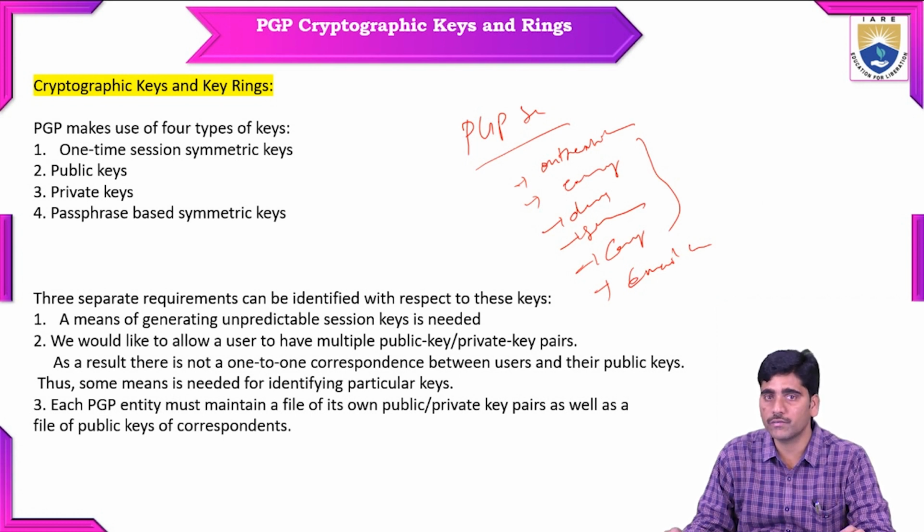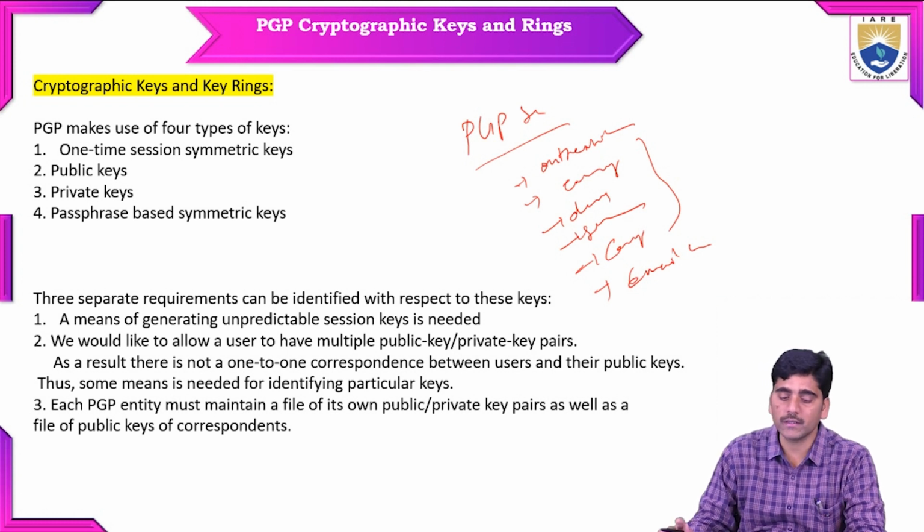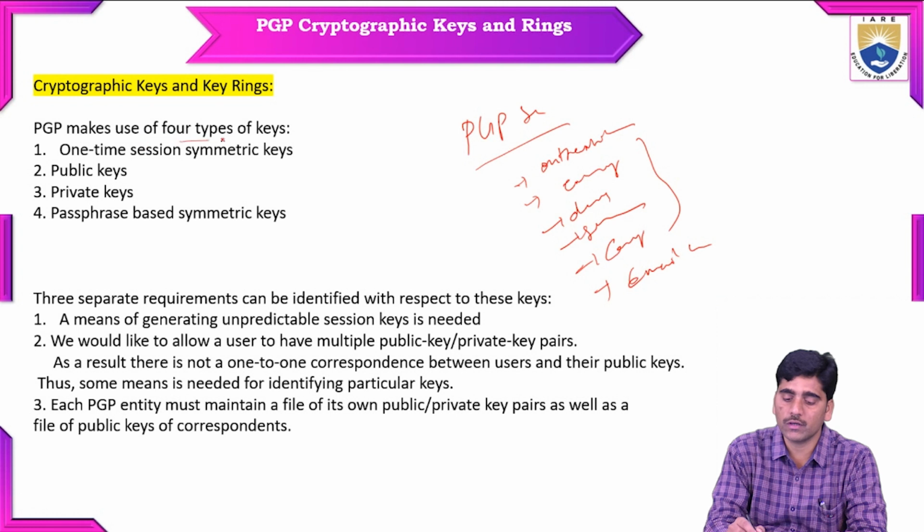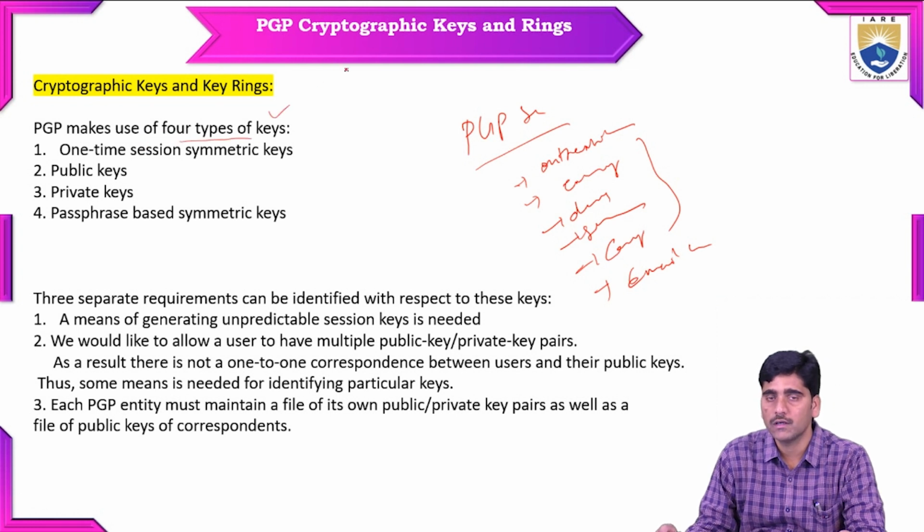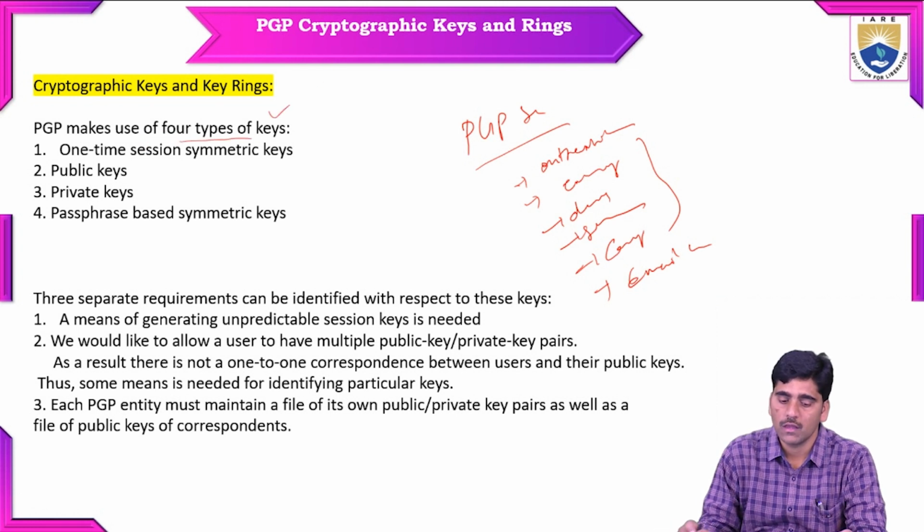But how are the keys generated, how are they implemented, and how are they used for the encryption, decryption, and digital signature processes? How the keys and the key rings are used for the cryptographic process, we'll see in this session. Here PGP makes use of four types of keys.